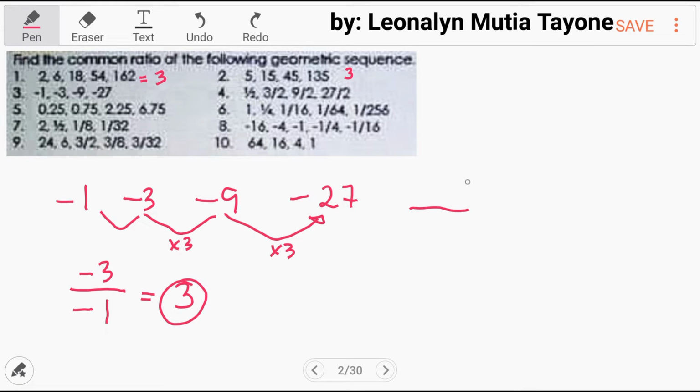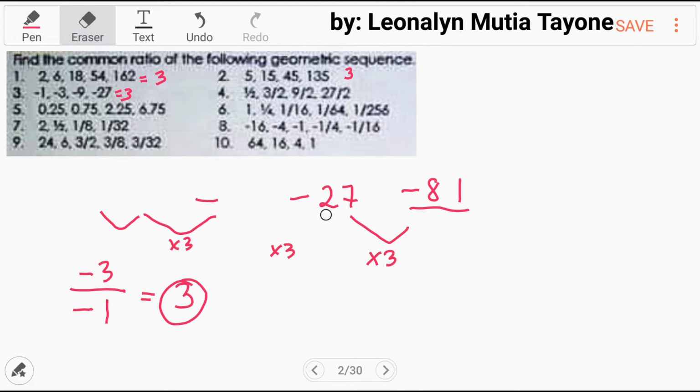So para ma-identify mo yung next term, i-multiply mo lang ng 3 itong si -27. And that is -81. Again, ang common ratio dito sa number 3 ay 3.